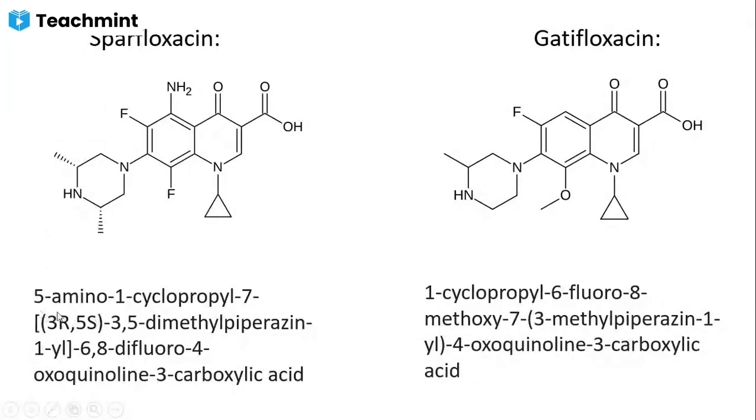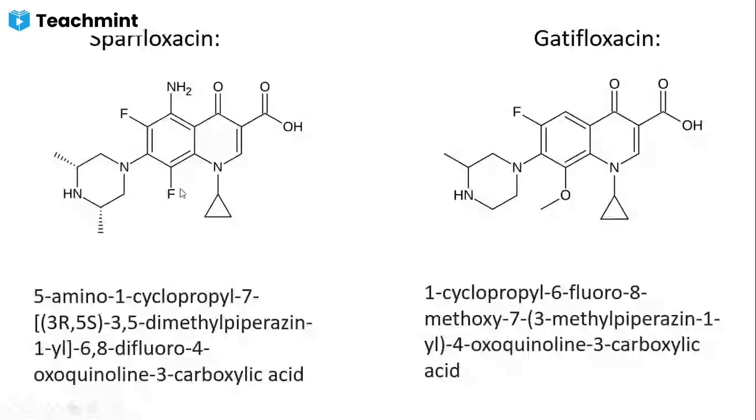Now there is no need to write down the R and S configuration. So after 7 dash 3,5 dimethyl, the ring is the same, that is a piperazine 1 YL. Then 6,8 difluoro.